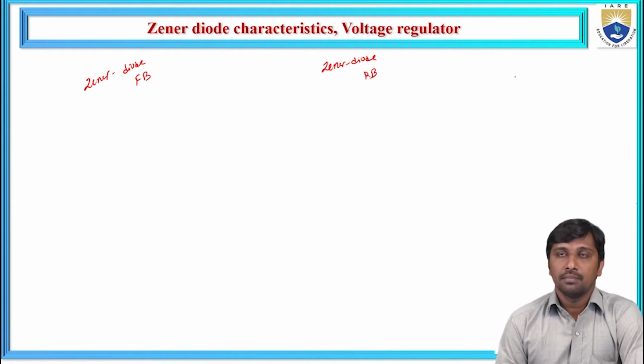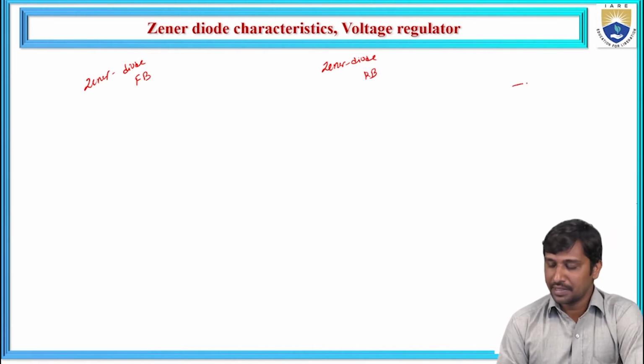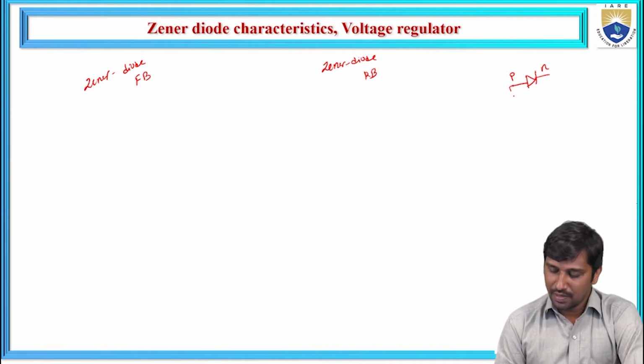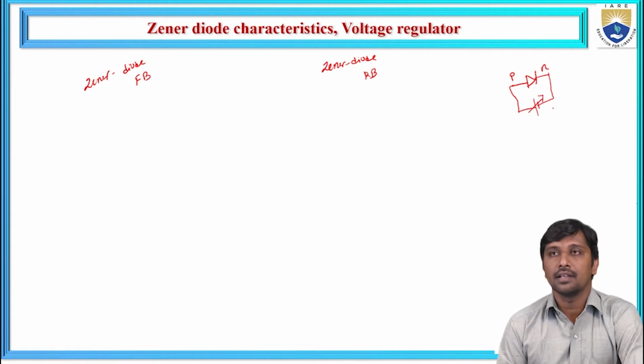In a normal PN junction diode, we have two materials, P-type and N-type. When P is connected to the positive pole of the battery and N to the negative pole, we say this is a forward bias approach.